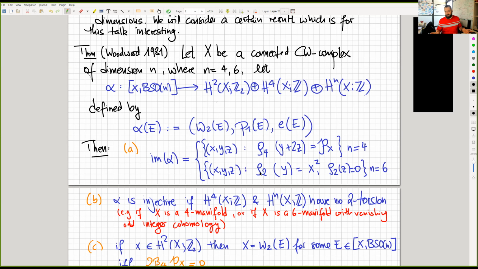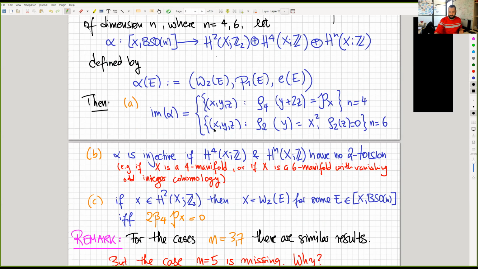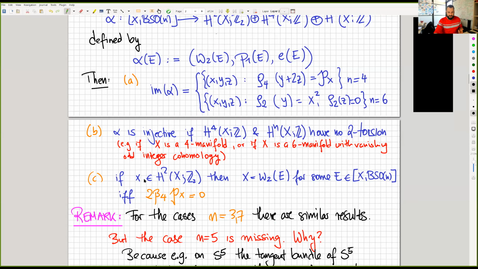And in that case, you understand the vector bundles completely, because these things here are fairly easy to compute for a vector bundle. So they're computable. So you enumerate your vector bundles, right? And you know how the enumeration goes in terms of characteristic classes. And part C is just an existence result.